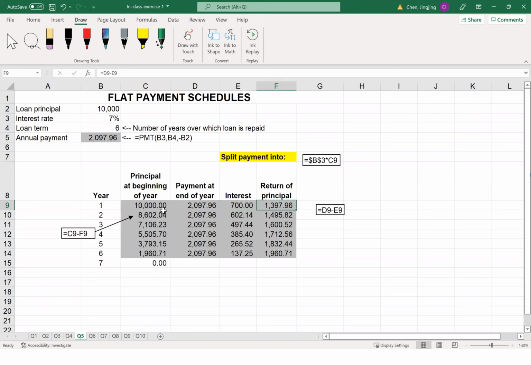Therefore, our principal at the beginning of year 2 is $10,000, and then subtracting this 1,397. So finally, to clear this position, you get a 0 at the beginning of the 7th year.